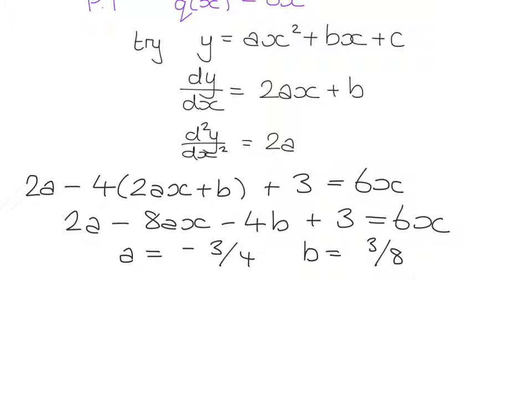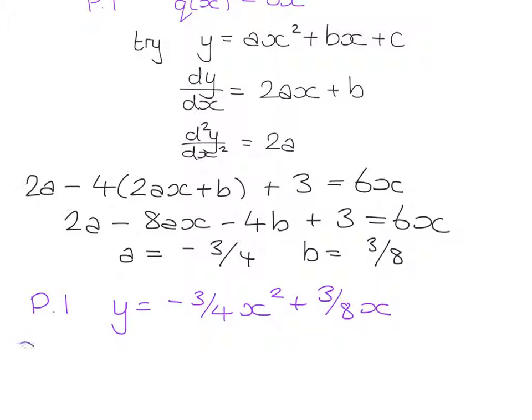We now have the values of a and b, and c we can assume is 0, so we get that our particular integral is actually y equals minus 3 over 4 x squared plus 3 over 8 x.